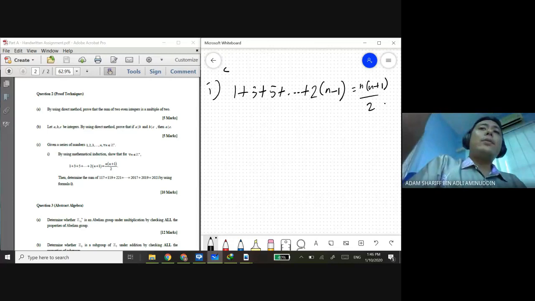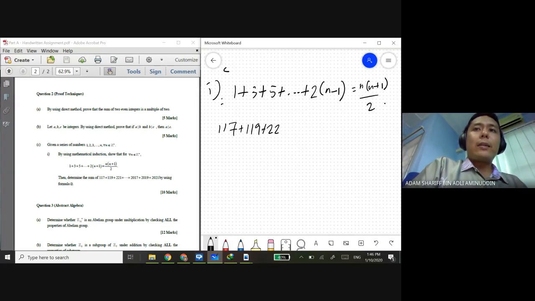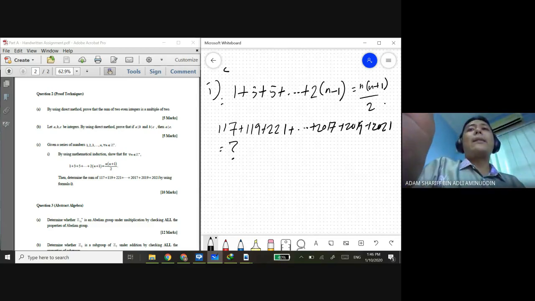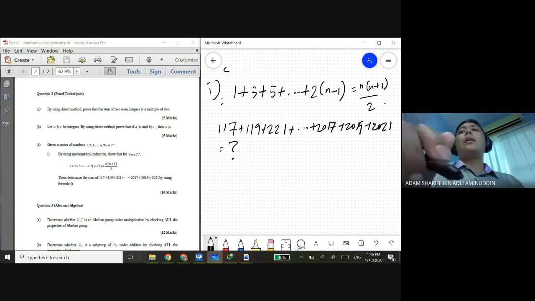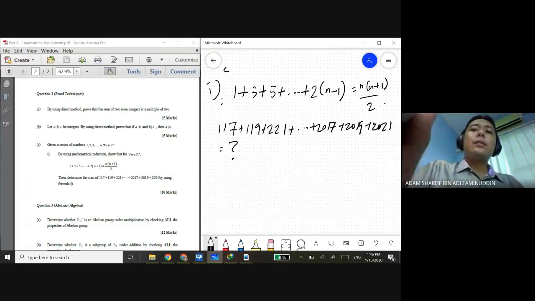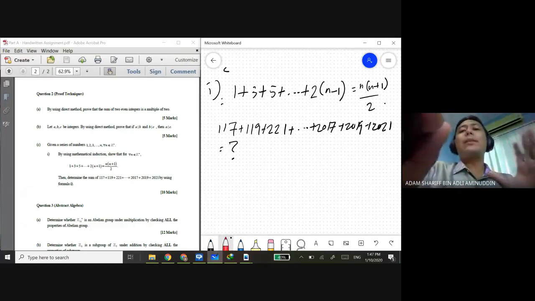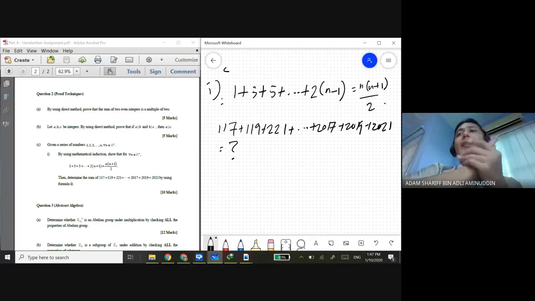When we already prove this one to be correct, where you went wrong was here: 117 plus 119 plus 221 plus and so on plus 2017 plus 2019 plus 2021 equals what? Okay. The ones who were wrong used the direct formula like this. Okay, we start with the question first. How to use the formula? Huh? The formula, wait a moment.